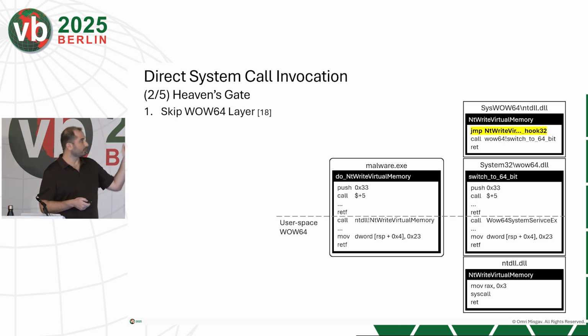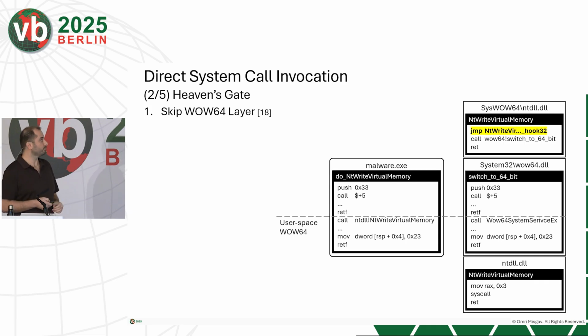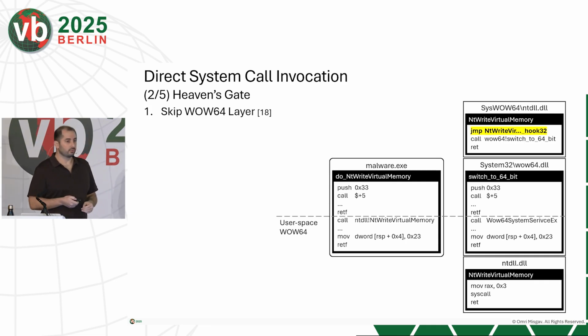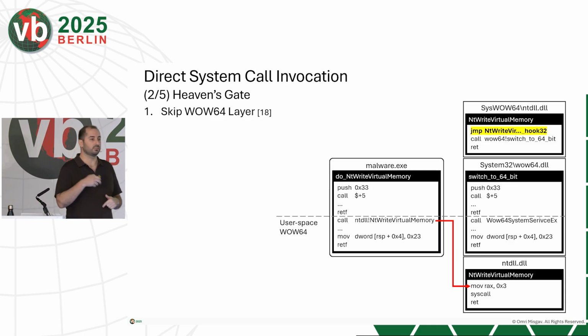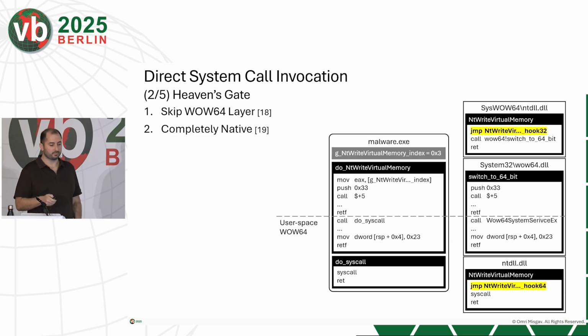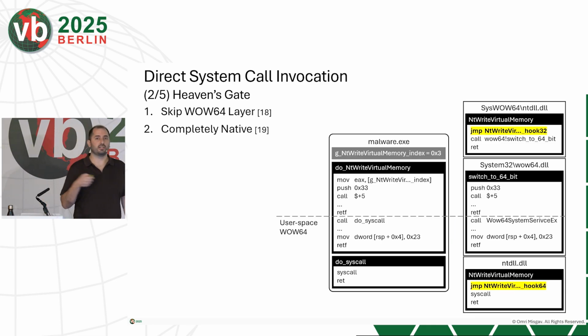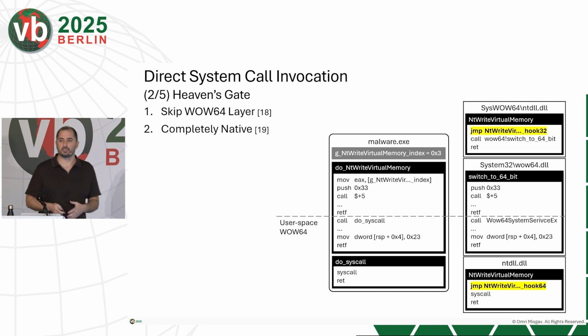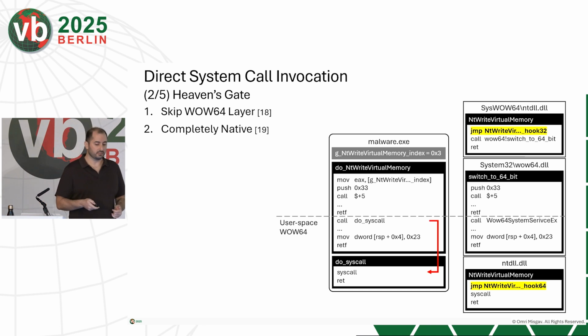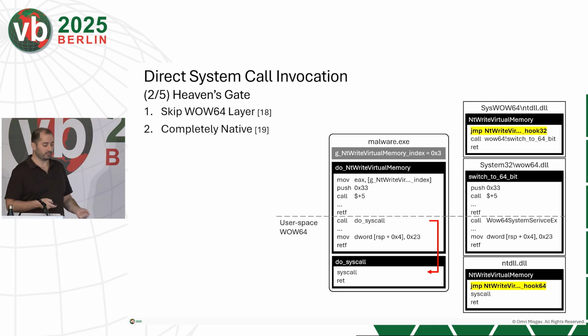If we hooked, for instance, the 32-bit function, you can skip the WOW64 emulation layer and go directly to the native NTDLL that is in the process, once you transition the context to 64-bit inside your 32-bit process. Or you can use any other method that we discussed to parse the NTDLL index, and then just directly call syscall yourself.